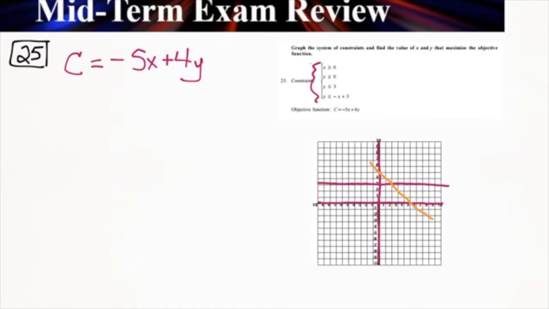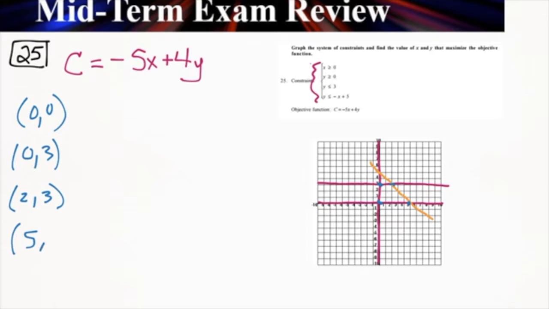So I've got one here, and one there, and one there, and one there, which means my vertices are going to be 0, 0, 0, 3, 2, 3, and 5, 0.